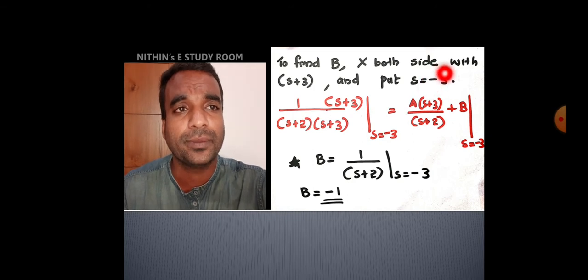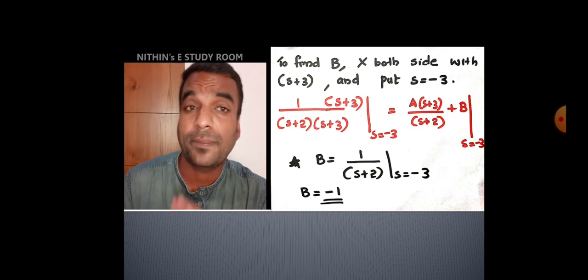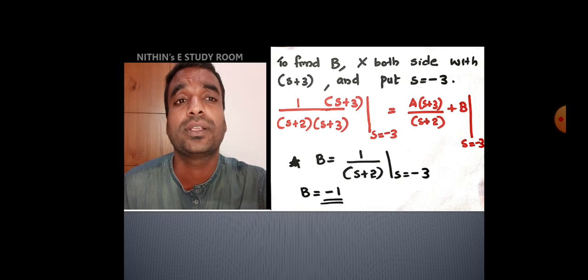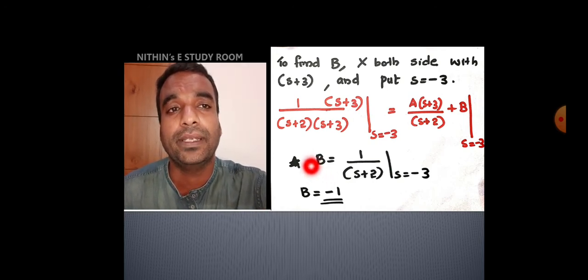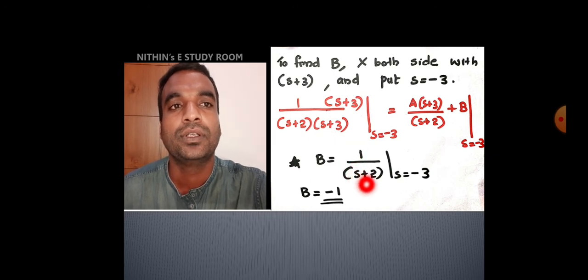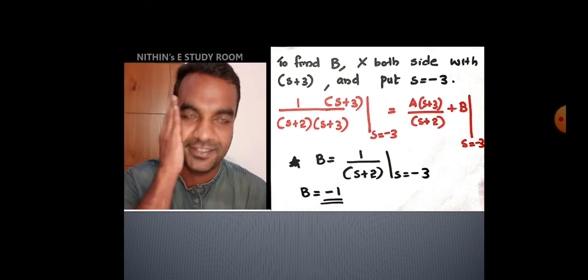If you put minus 3 for s, the a term will become 0. So on the partial fraction side, the one and only thing remaining is b only. So b is equal to, on the left side, s plus 3 and s plus 3 get cancelled, only 1 by s plus 2, and put s equal to minus 3. So you will get b equal to minus 1.